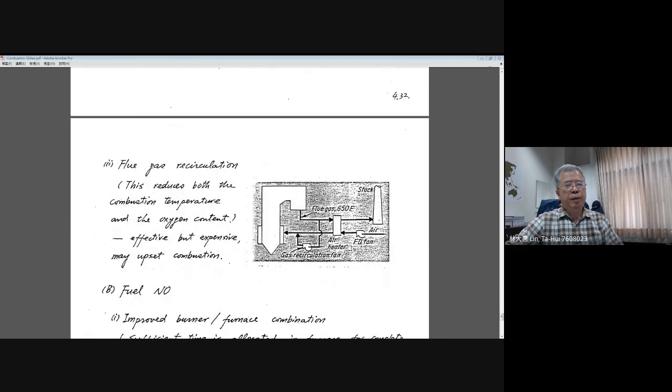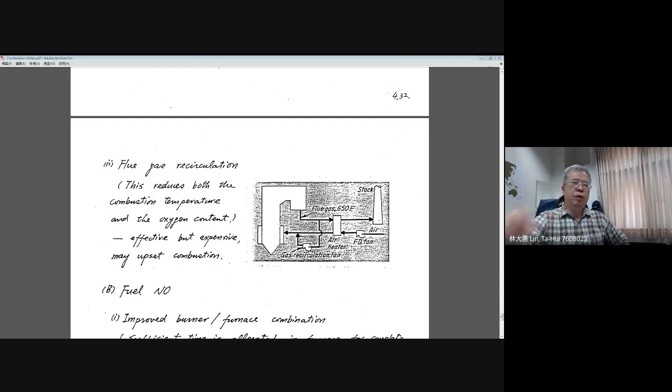Sometimes people will bring a certain amount of flue gas from the flue gas stream and make it flow back into your combustion zone. Since the flue gas does not contain too much oxygen and the temperature is high, it acts just like a high temperature inert.